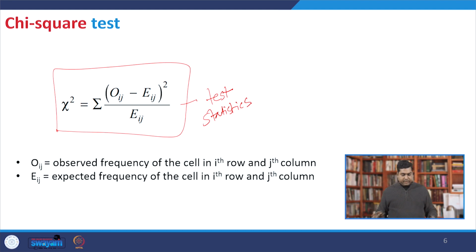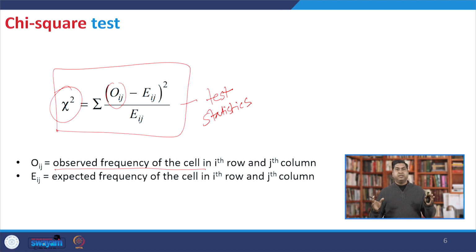What exactly is it? Let us understand this nomenclature. So here you have chi-square on the left hand side, and the right hand side is the sum of Oij, which is the observed frequency of any ith cell.